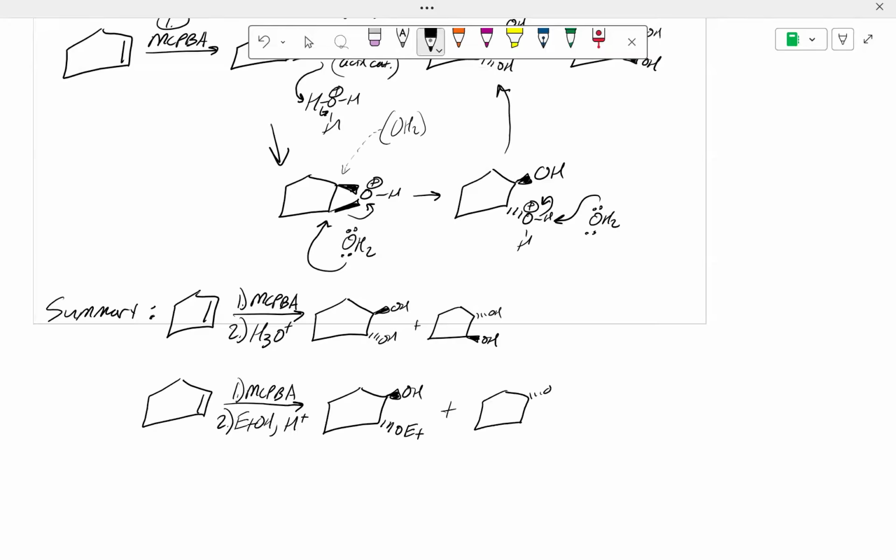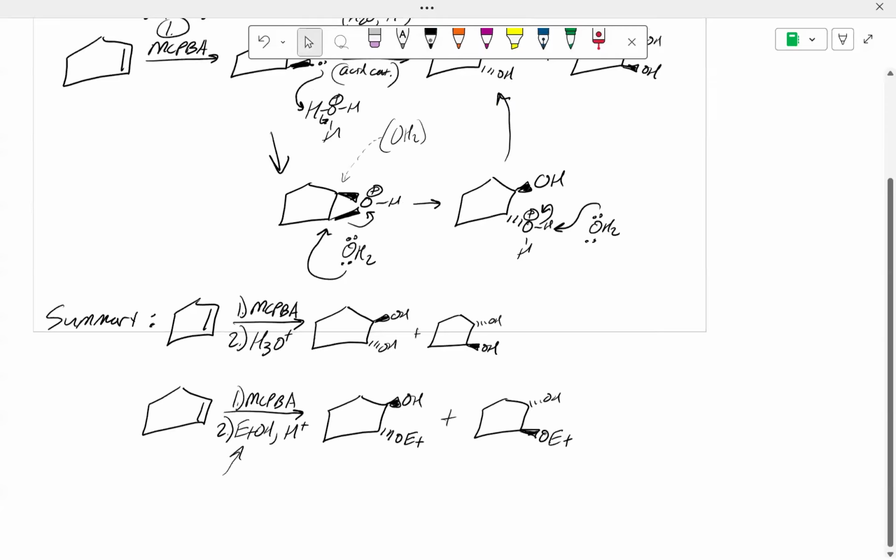And we get an enantiomer as well. So depending on what our nucleophile is here, we can either do a dihydroxylation to get two alcohols, or we can get an alcohol and an ether adding across that alkene.